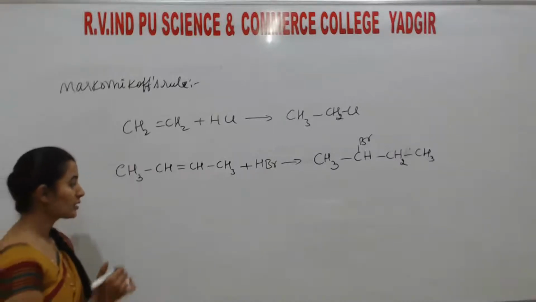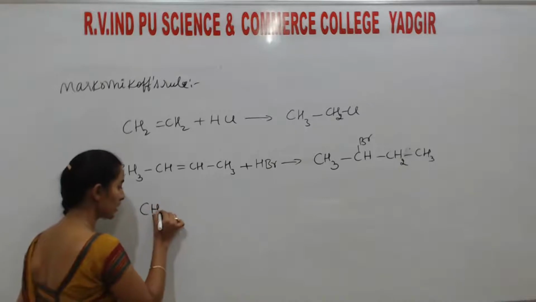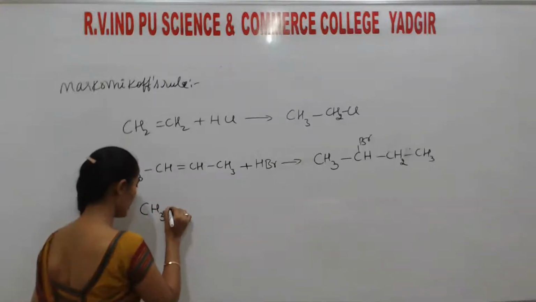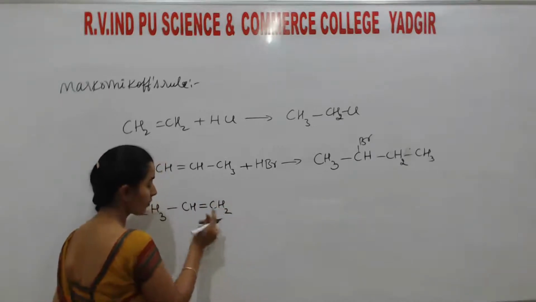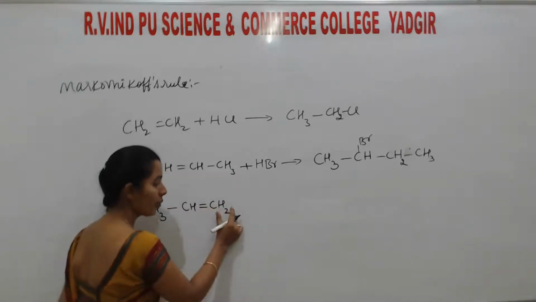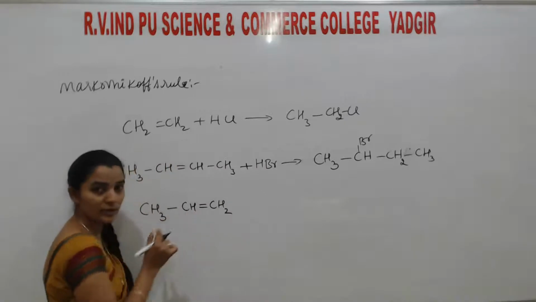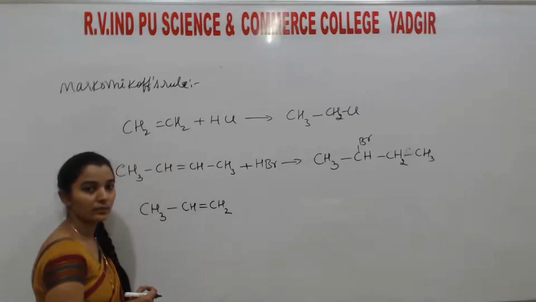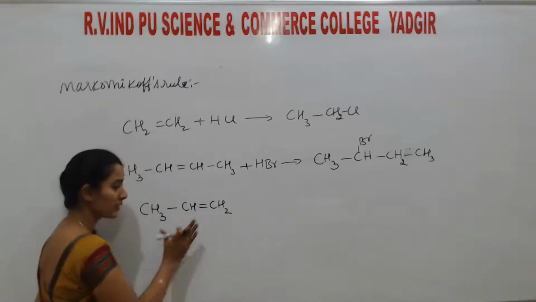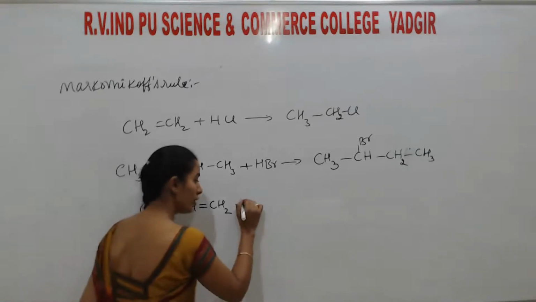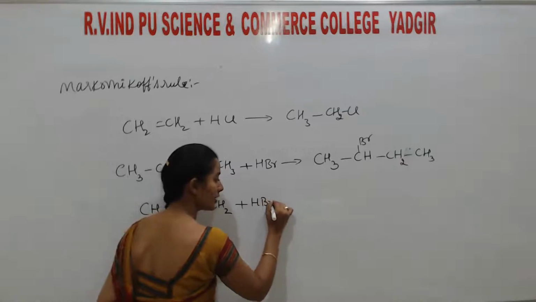So it works when an unsymmetrical alkene is taken with an unsymmetrical reagent. On either side of the double bond, one is CH2, another one is CH. Understood? This is an unsymmetrical alkene, to which an unsymmetrical reagent is added.